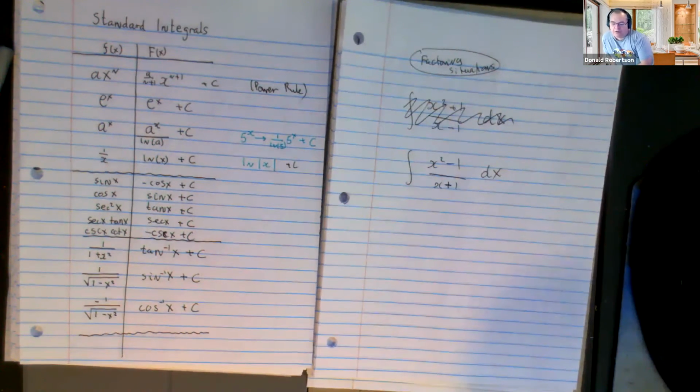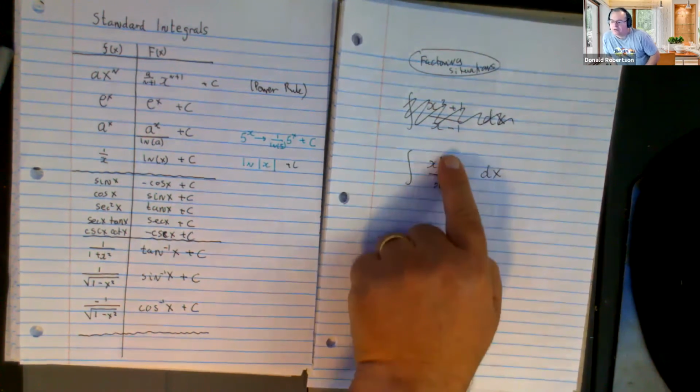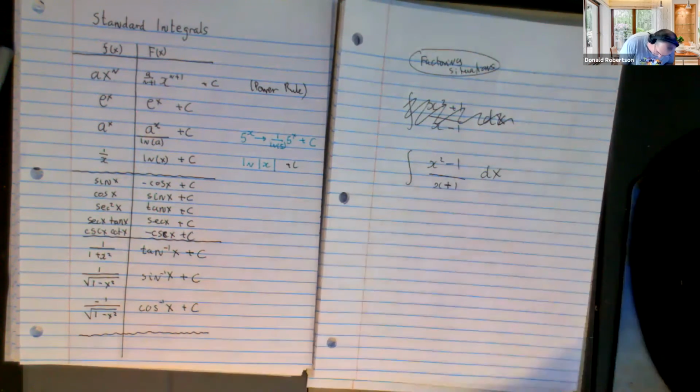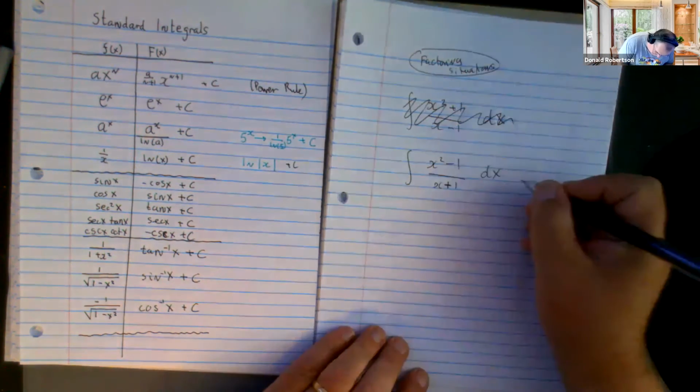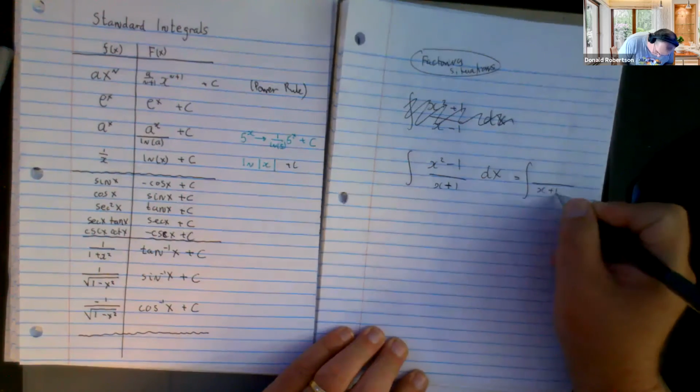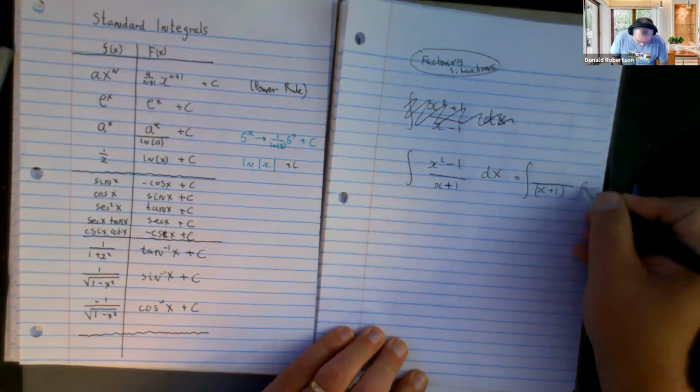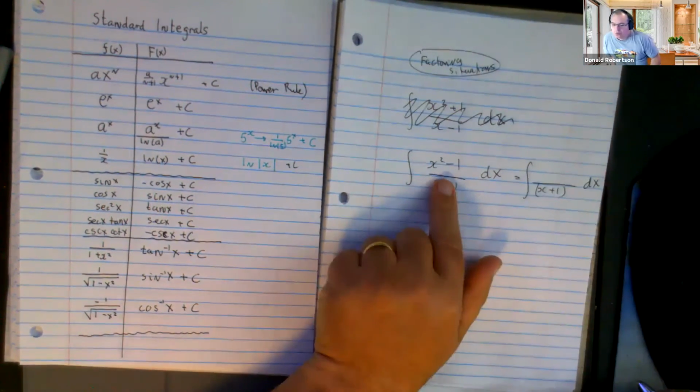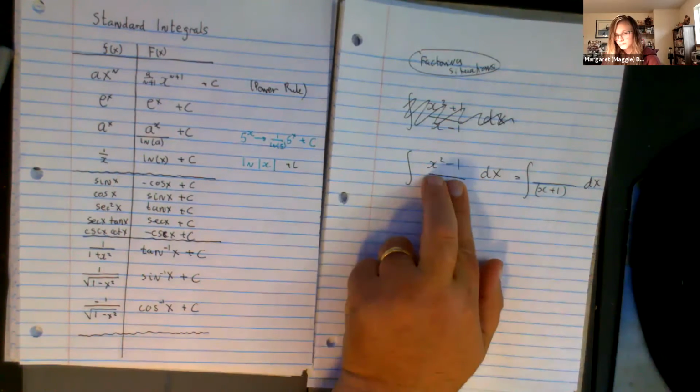Can you factor anything in this expression? Can you factor anything here? Okay, what do you get? Factor x squared minus 1. What do you get? x plus 1, x minus 1.